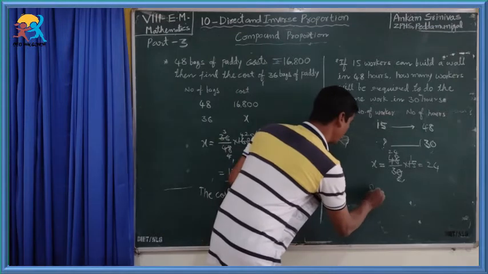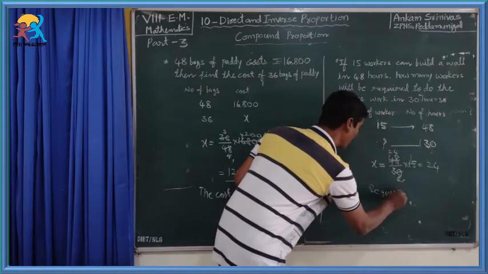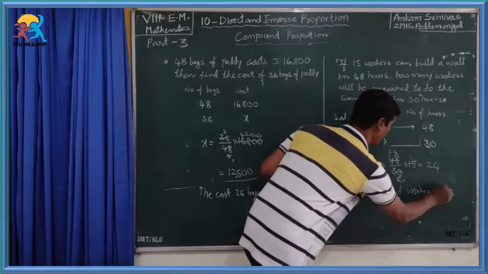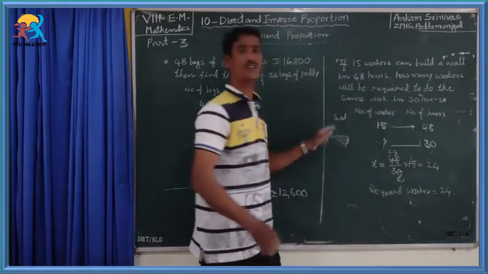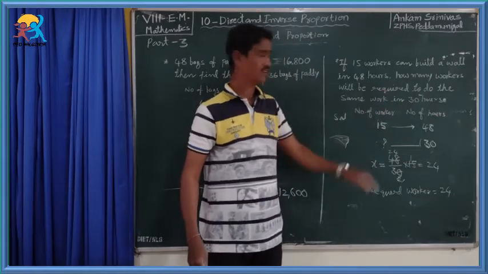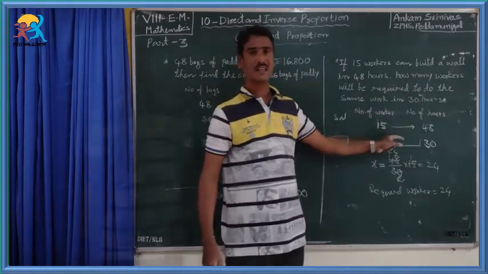So the required workers equal 24. So 24 workers can complete that particular work in 30 hours.